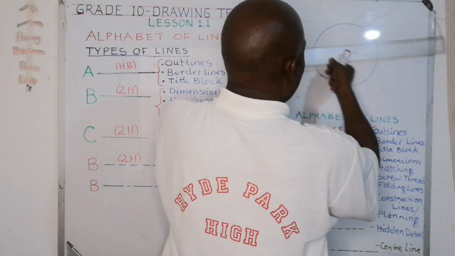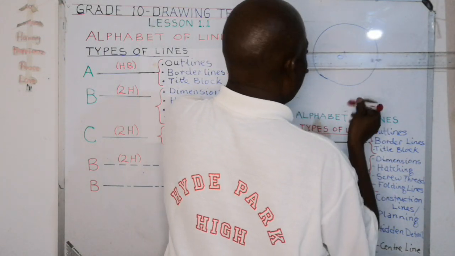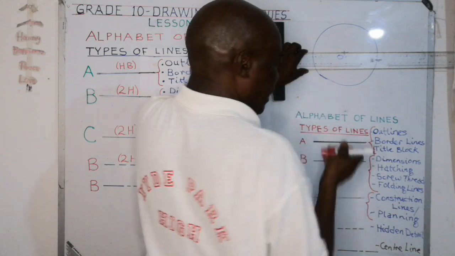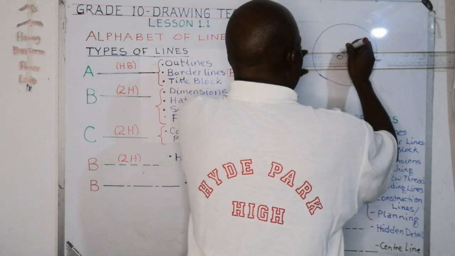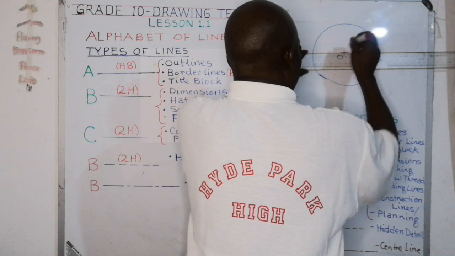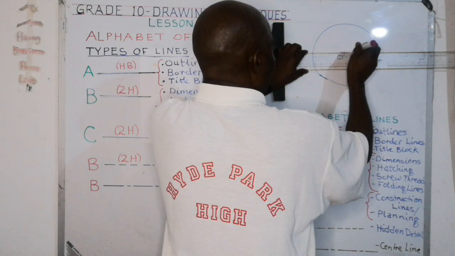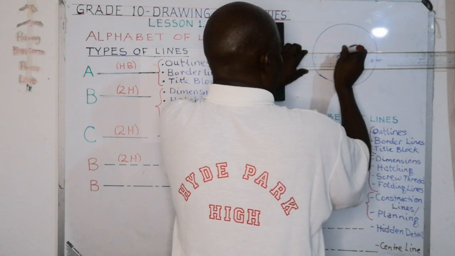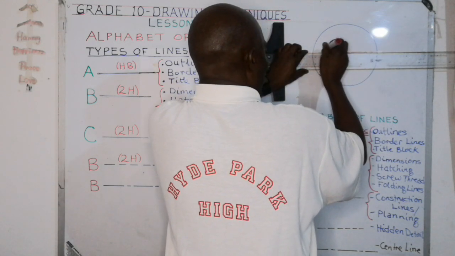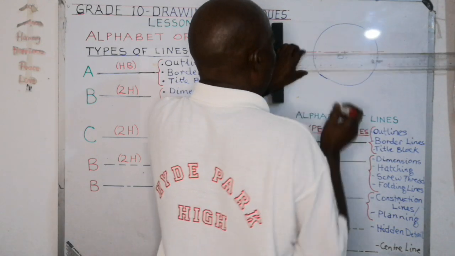So it's a line through the center touching the circumference on the other side. So you start from the center there, you've got a short dash from the center there, then you've got long dash, short, long, short, long.